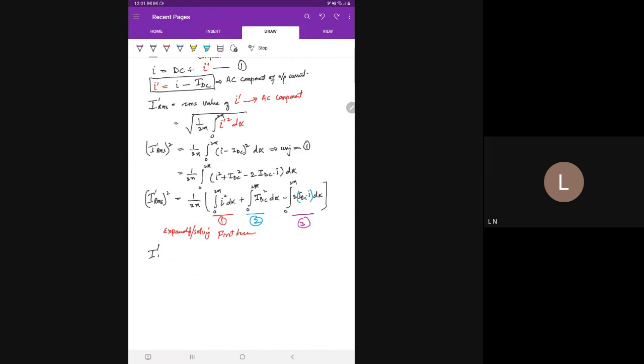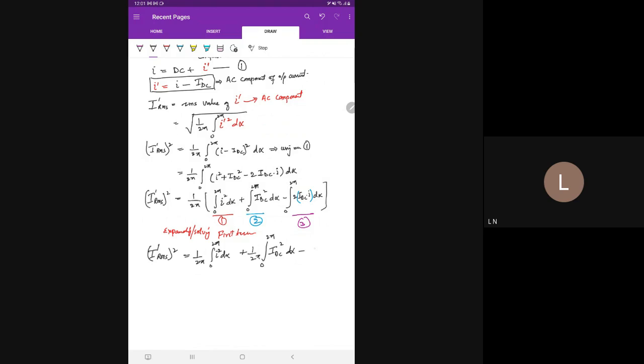We'll be having (I dash Rms) whole square equal to 1 by 2 pi integral 0 to 2 pi, then we have I dash square I square d alpha, plus 1 by 2 pi integral 0 to 2 pi, another term, I dc square d alpha.